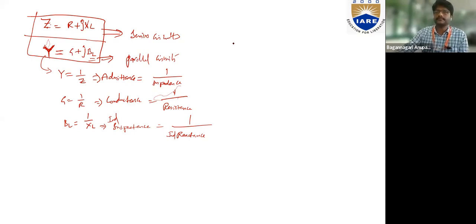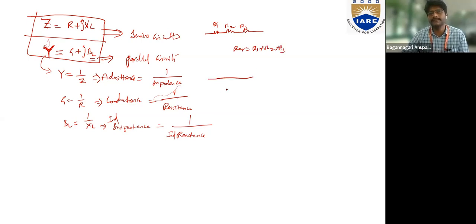The best example: in a series circuit with resistors R1, R2, R3, the equivalent is R1 plus R2 plus R3. Similarly, when you have them in parallel, writing in terms of R1, R2, R3 is a big task.